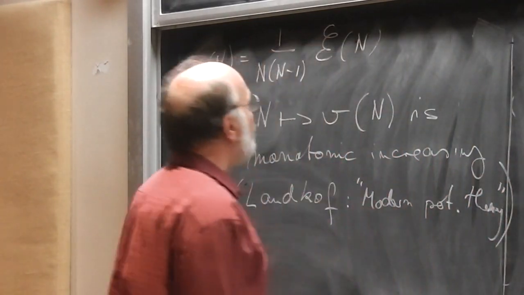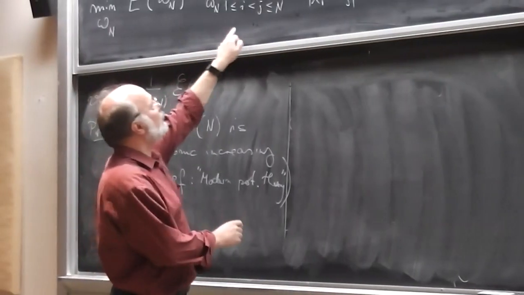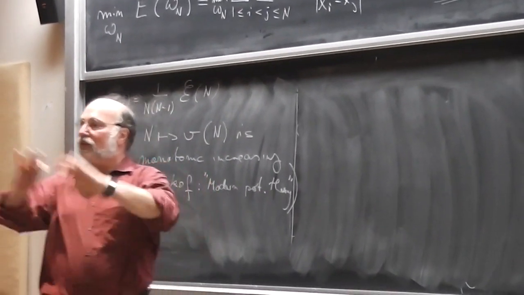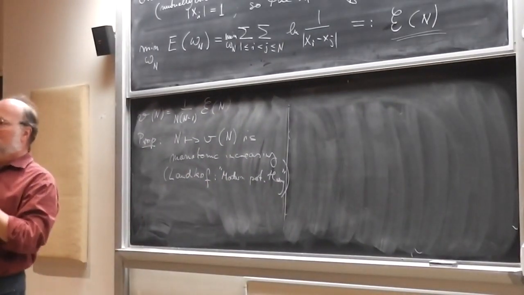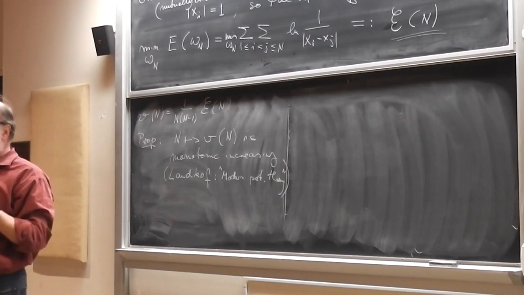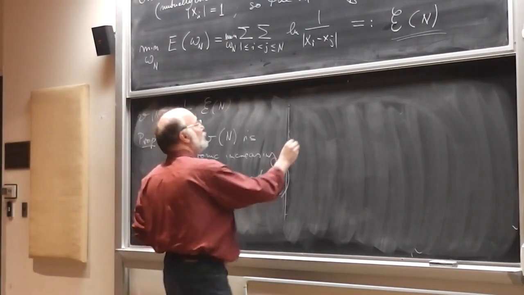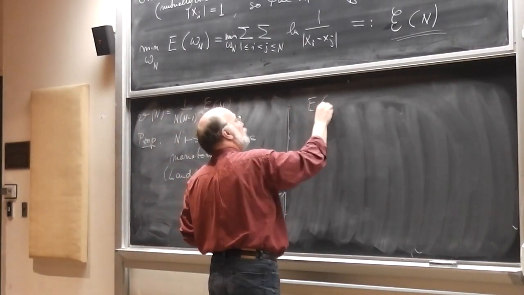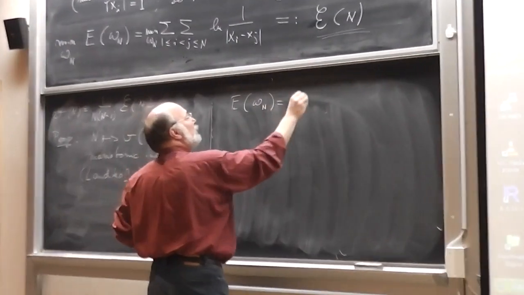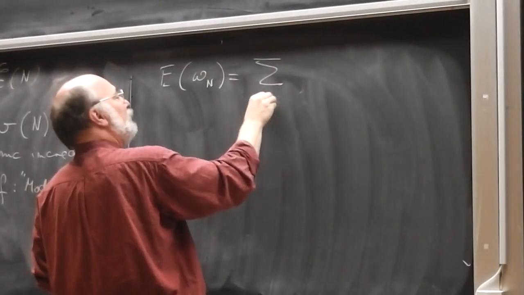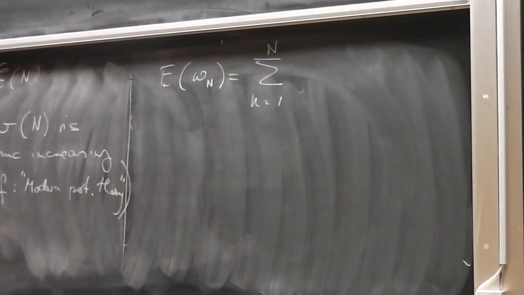So what one does is look at this expression, and we just write it as a triple sum. You sum first over all vertices, right? And write this E of omega n as a sum over k equals 1 to n over all vertices.